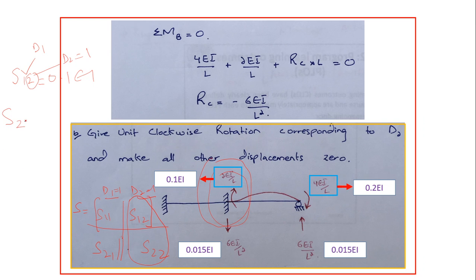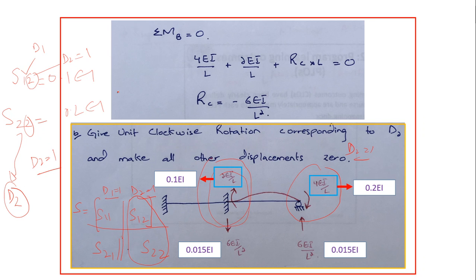Similarly, S22 signifies the action at the point where D2 has been taken, due to D2 equal to 1, because here D2 is equal to 1 and D1 is equal to 0. So S22 would be this 0.2 EI.